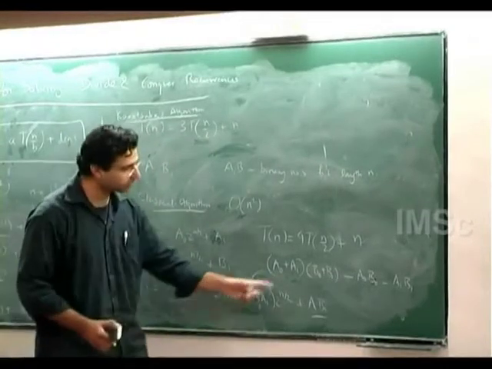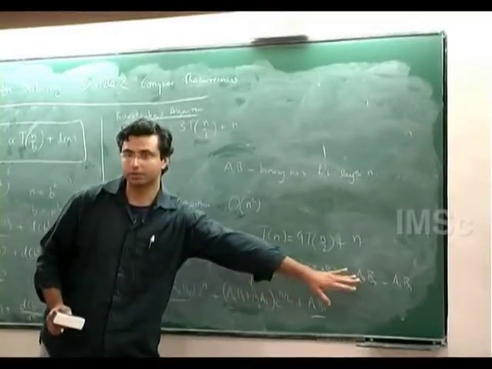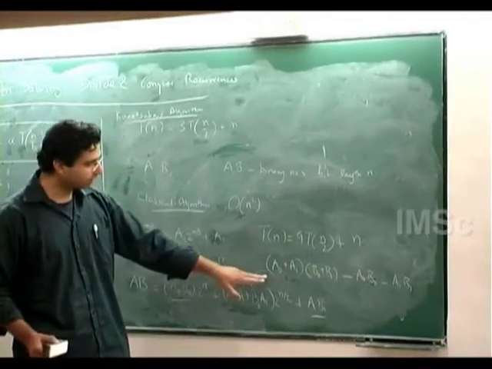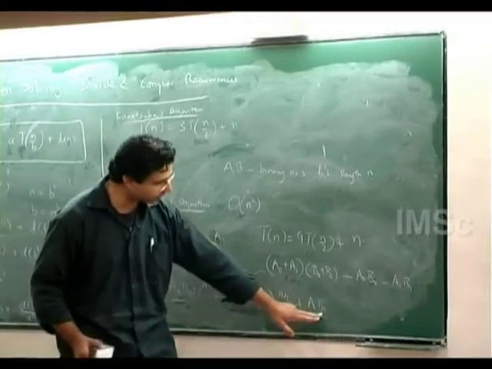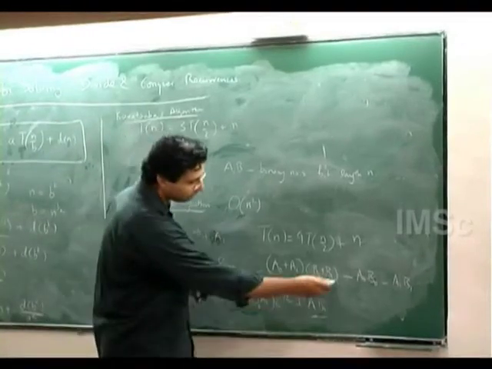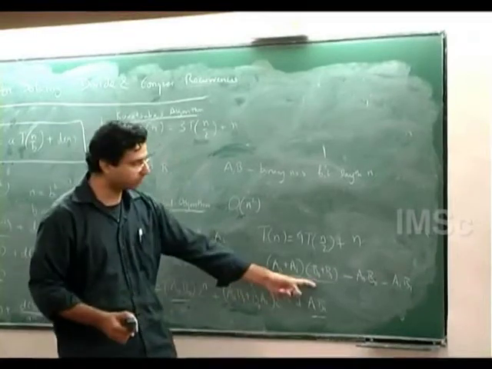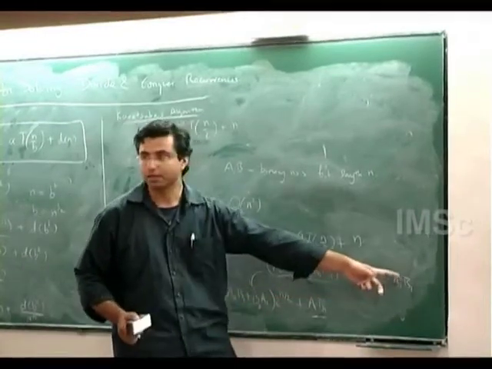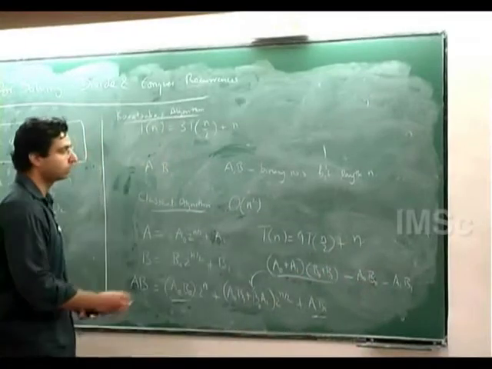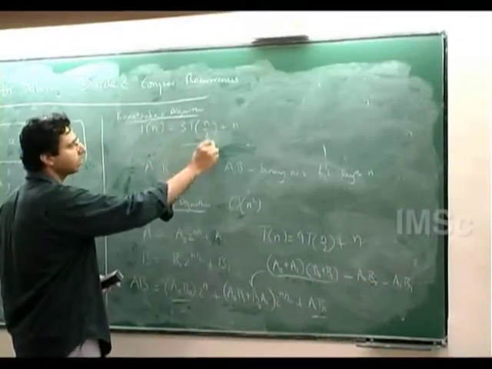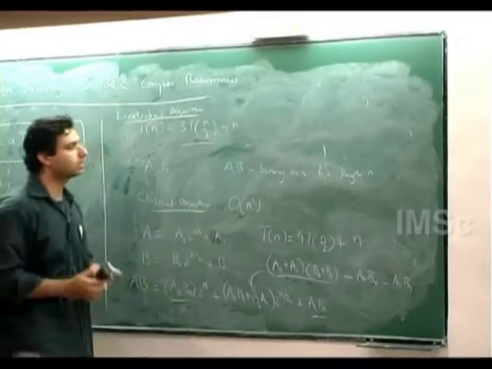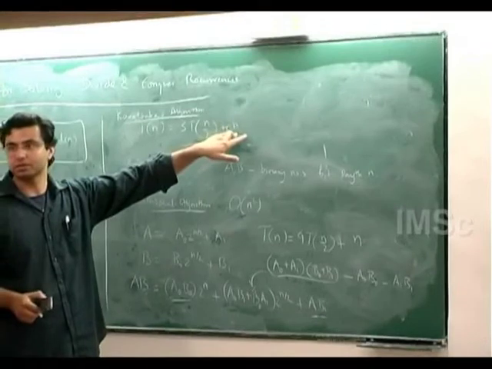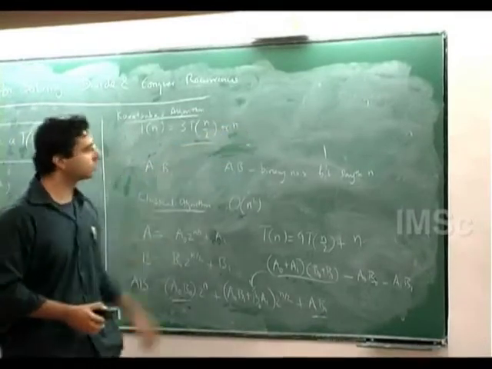This sum can be expressed in this form. And what is the advantage of doing that? I do one multiplication to compute this number, one multiplication to compute this number, one multiplication to compute this number, and I do 2 subtractions. So then I do 3 multiplications of numbers of size n by 2 and some constant addition and subtraction. And if I solve that, okay, let's do that.